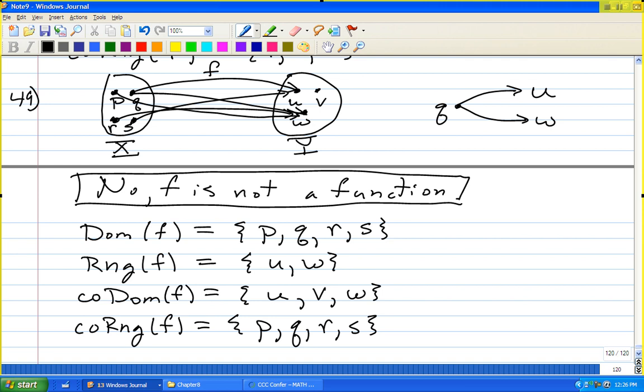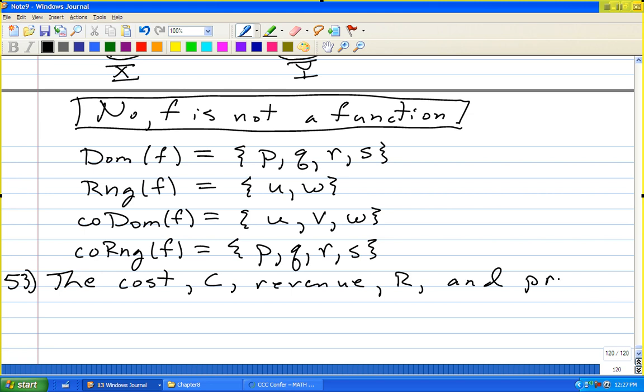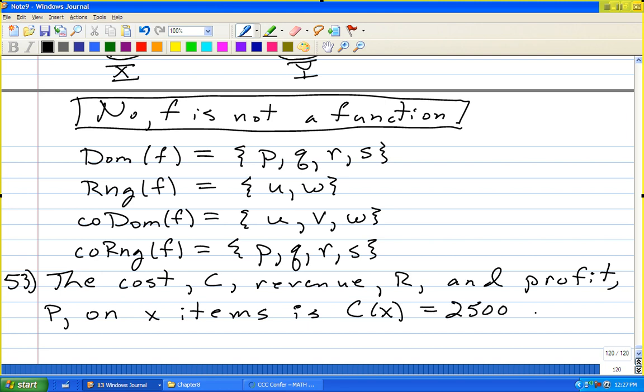Let me do problem number 53. The cost C, revenue R, and profit P, on x items, is C of x is just 2500 plus 2.5x.